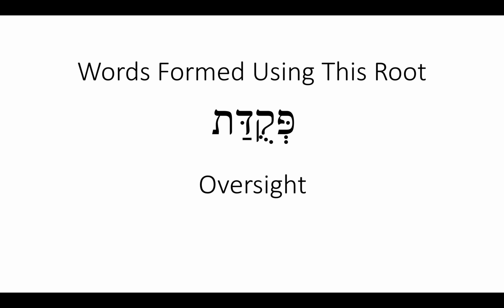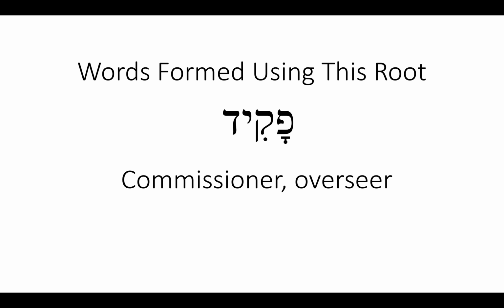It's like when somebody's overseeing somebody else, their oversight is their pekudat. Here's another word, pakid, and you'll just have to trust me that there's a dagesh in that first letter. Pakid. Again, we've given this word different vowels, and we come up with the word commissioner or overseer.